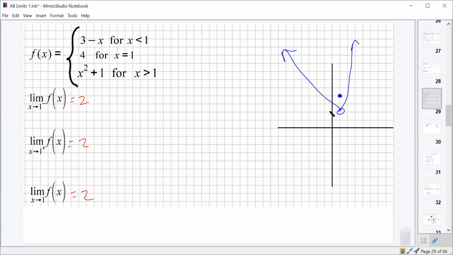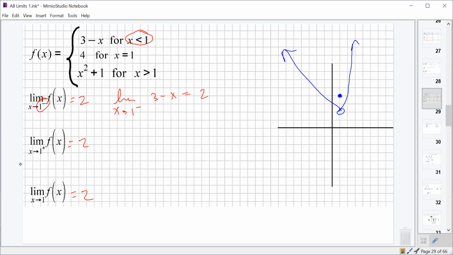All right, if I was doing this algebraically, if we talk about 1 from the left, we should be thinking about the x is less than 1 part of this piecewise function. So we should use the 3 minus x, which gives us 2.